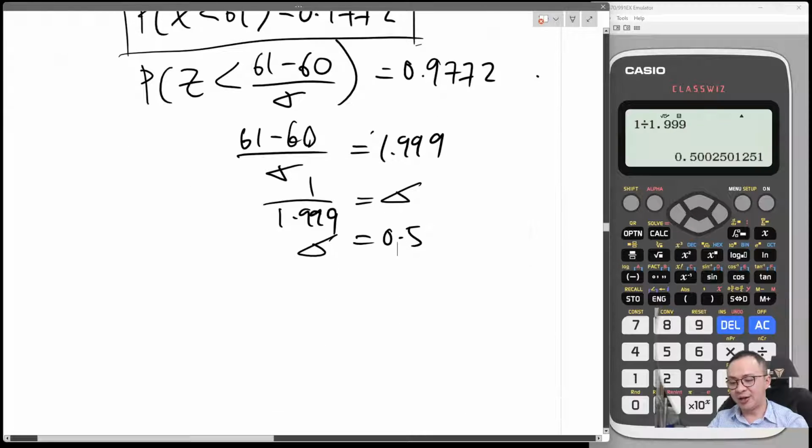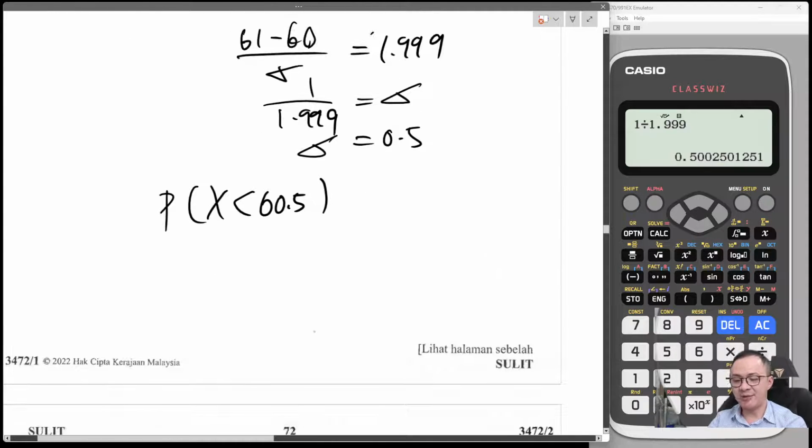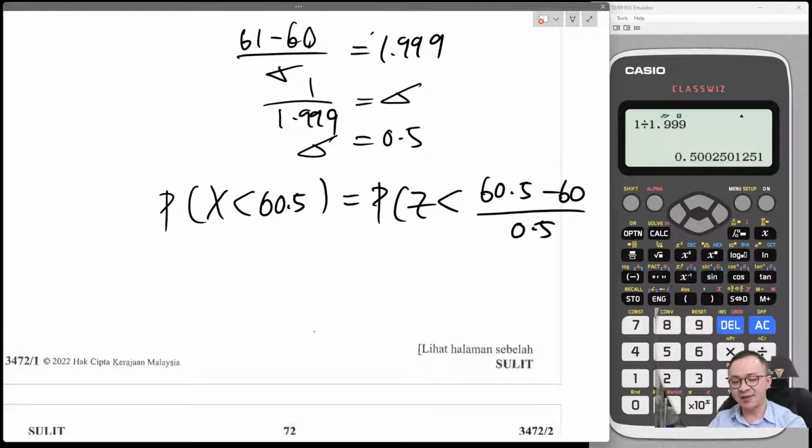So now I can do the less than 60.5, right? Just now the question said less than 60.5. Now I can change to the z, do x minus mean over standard deviation. So the z must be less than 0.5 divided by 0.5, which is 1.